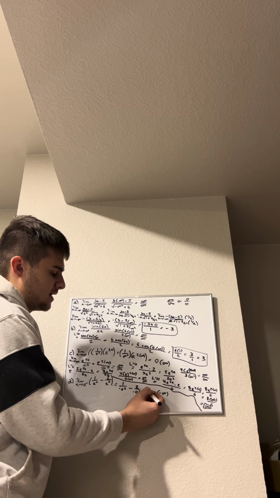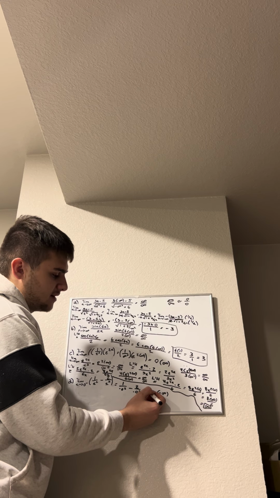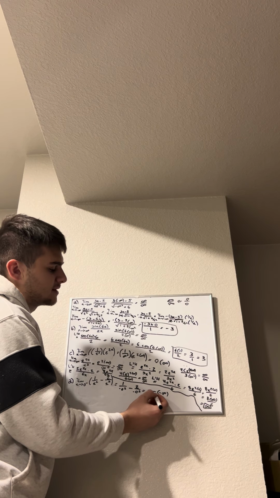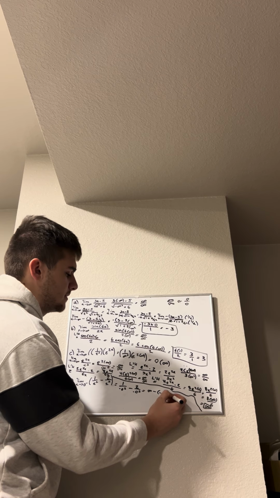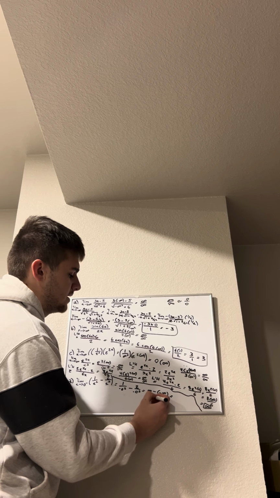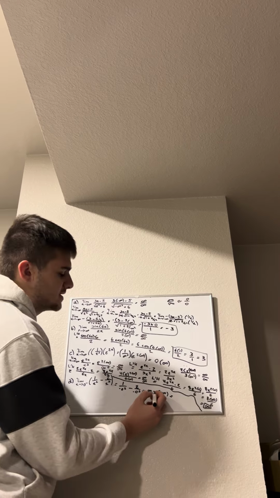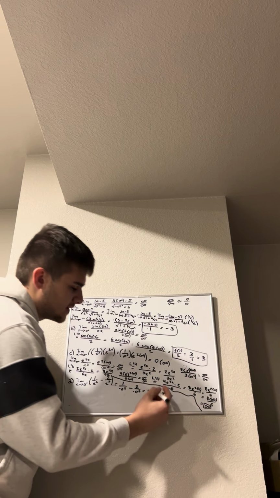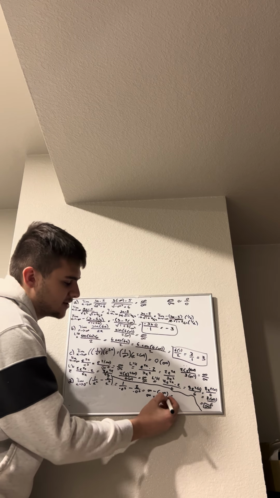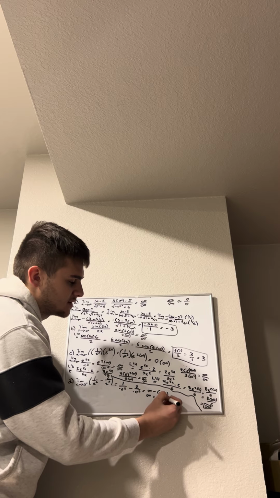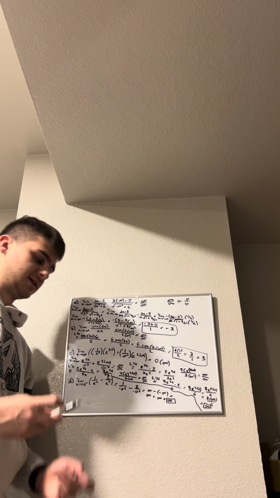So we have infinity minus negative infinity, which in this case just equals infinity plus infinity, because two negatives make a positive. So now we just add those two together, so infinity plus infinity just equals infinity. So this should be the final answer for part D.